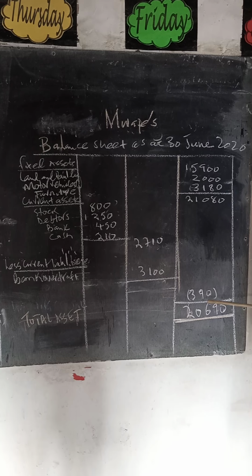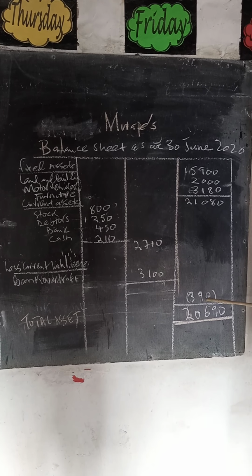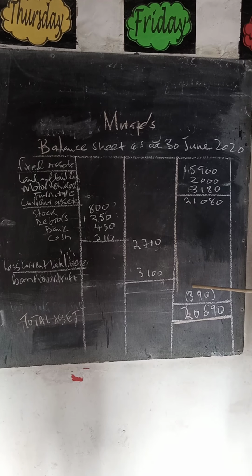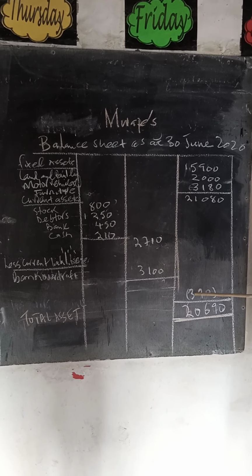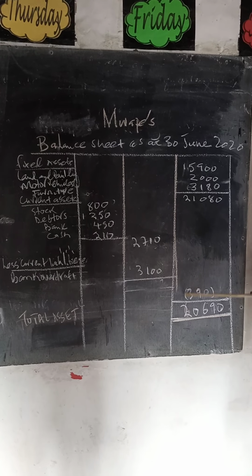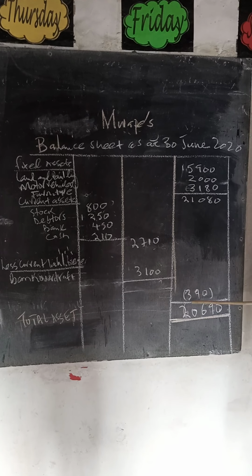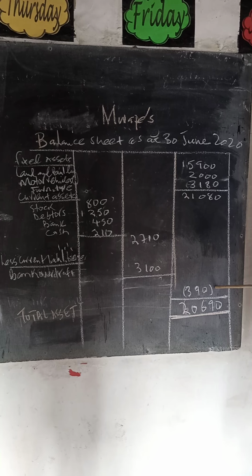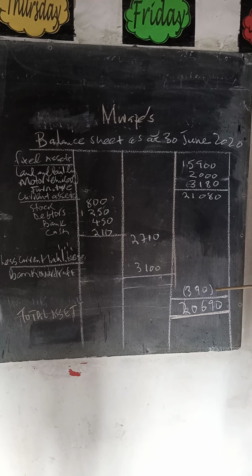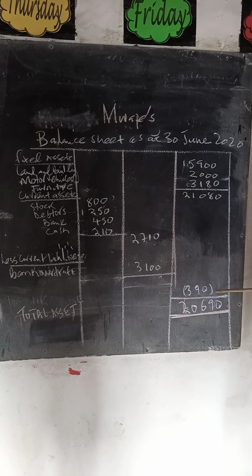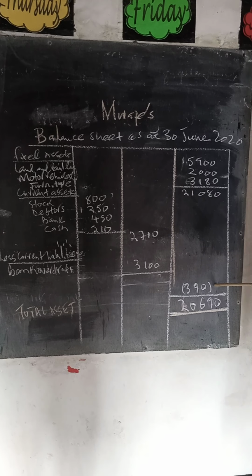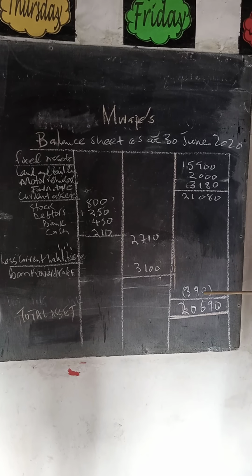Then it is going to give you a negative figure of 390. In accounts, if you get a negative figure, you put it in brackets, like the way I've written 390 in brackets, showing this one is a negative figure.